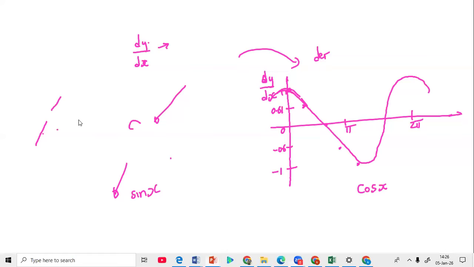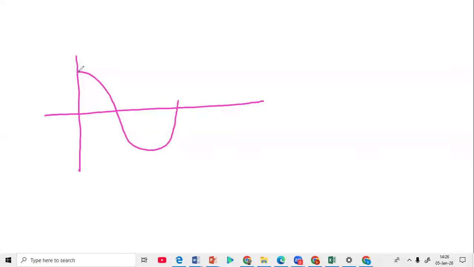But I'm going to use another graph now. So what do we do? In case I give you a graph of this nature, the way it is here, and I tell you this is my y, and this is x. Now, in case I tell you to find for me the gradient of that graph, or find the dy dx, what do you need to do?